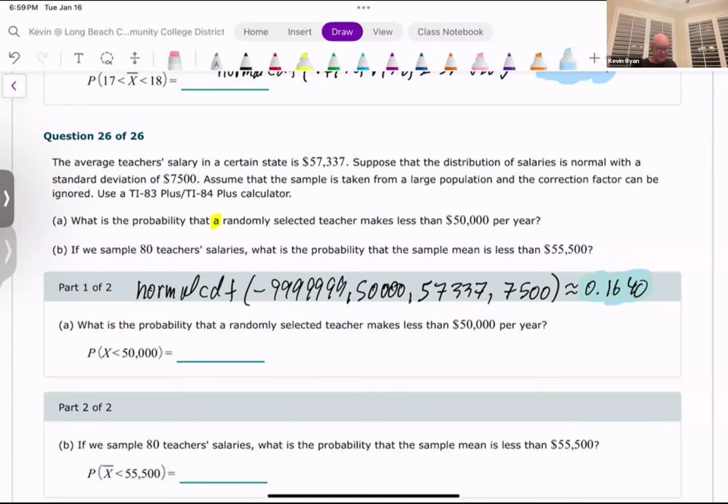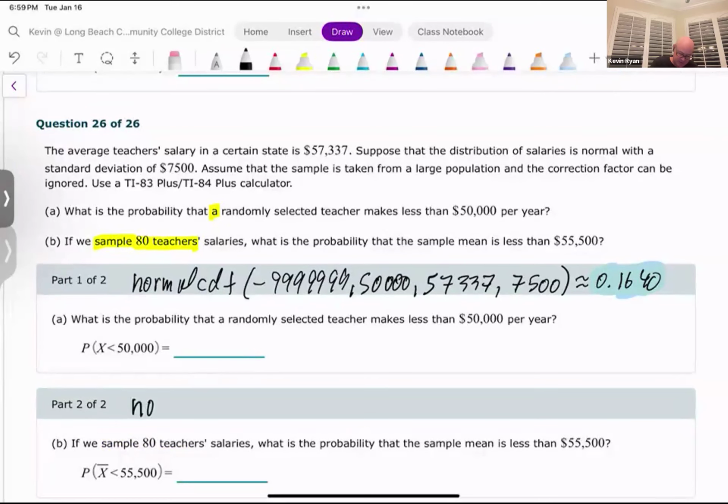However, part B changes things. Part B says if we sample 80 teachers' salaries, what is the probability that the sample mean is less than $55,500? So now we have a sample, which means my standard deviation is going to change. So this is going to give us normal CDF.